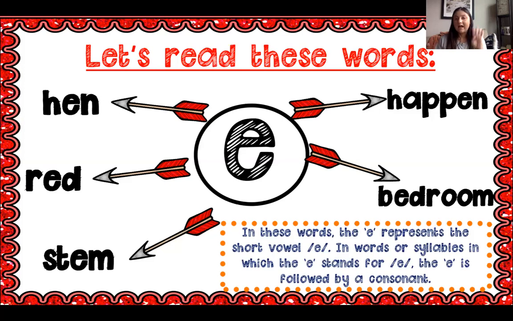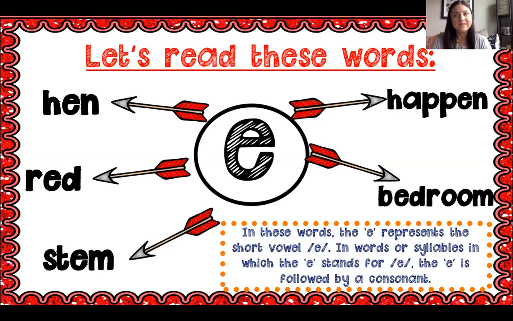Next one, this one has 4 sounds, so I'm gonna get out my 4 fingers. Stem, stem. On the other side, I have multi-syllable words. Remember I talked about how when we're reading these kind of words, we can chunk them up. So I see 2 words that I can sound out. Hap, pen. If I put those together, I get happen.